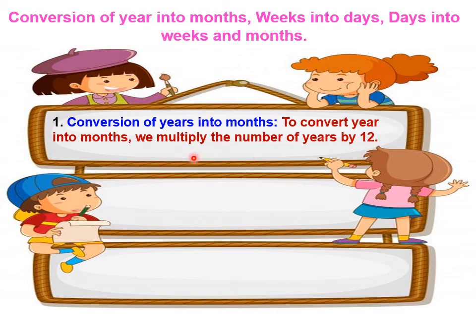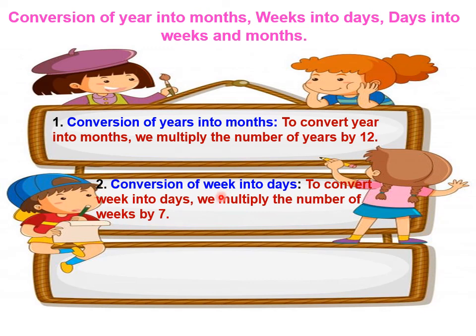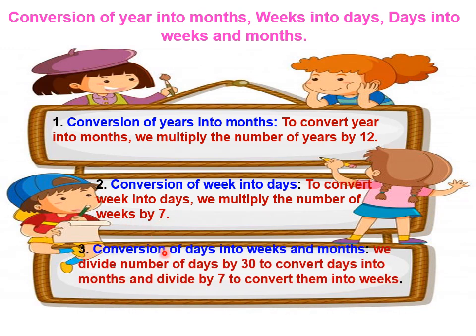Number 2, conversion of weeks into days: we multiply the number of weeks by 7. Number 3, conversion of days into weeks and months: we divide the number of days by 30 to convert days into months, and divide by 7 to convert them into weeks.